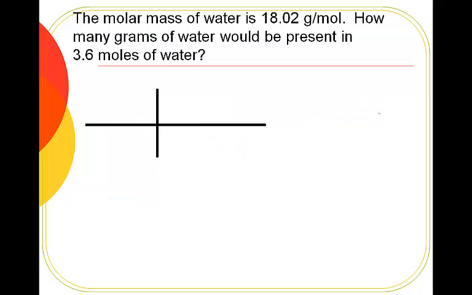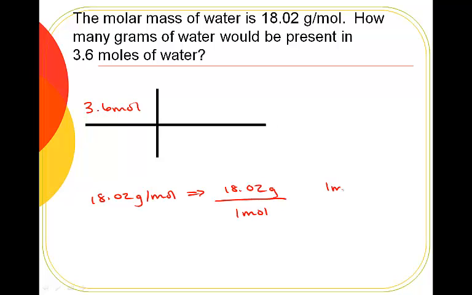Let's take a look at one more. The molar mass of water is 18.02 grams per mole. How many grams of water would be present in 3.6 moles of water? 3.6 moles is our given, so we'll put that in our left-hand corner. And now 18.02 grams per mole. We write that conversion factor as 18.02 grams over 1 mole, or 1 mole over 18.02 grams.